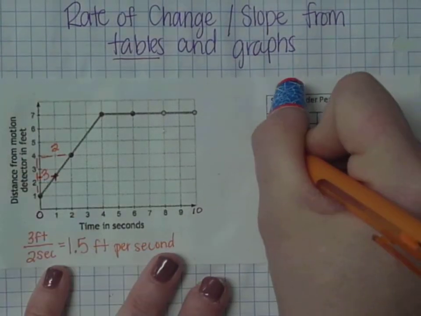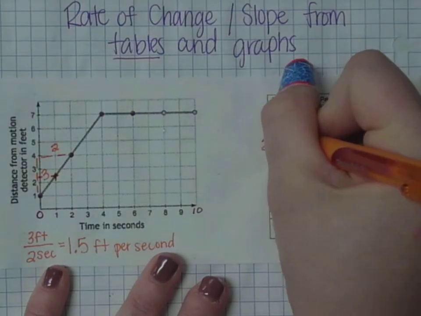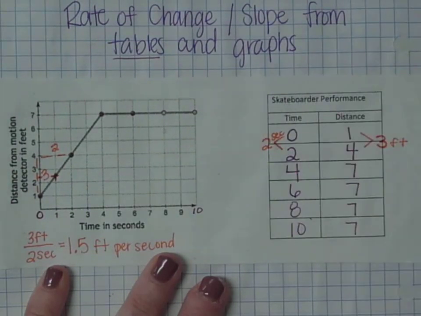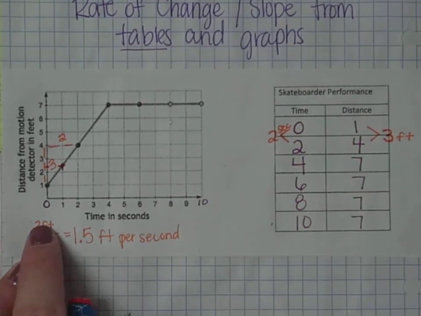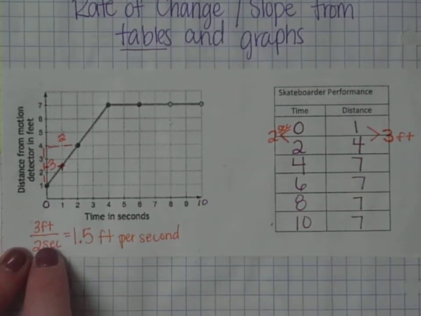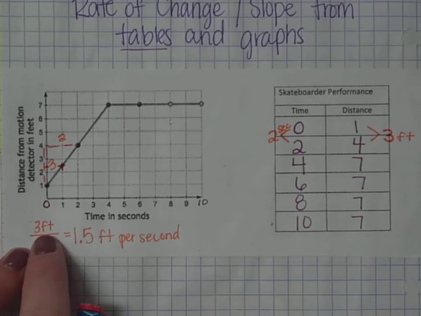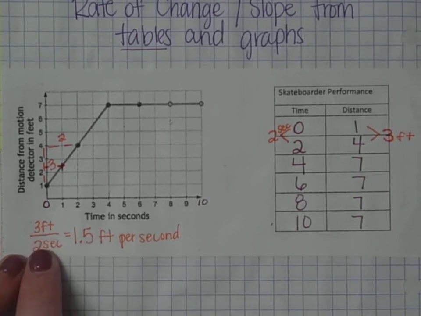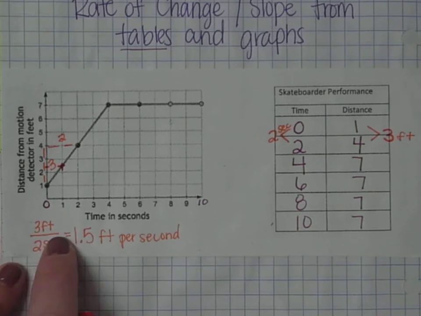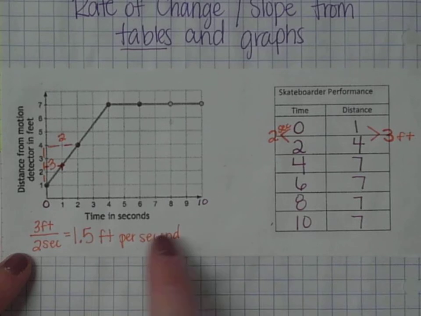And then from 0 to 2, it goes up 2 seconds. So then again, you could do 3 feet in 2 seconds. Well, if I want to find out how much it's going per second, I don't want 3 per 2. I would want to divide those. 3 divided by 2 is 1.5. Remember, that's a fraction line, which is also the same thing as dividing. So 3 divided by 2 is 1.5.